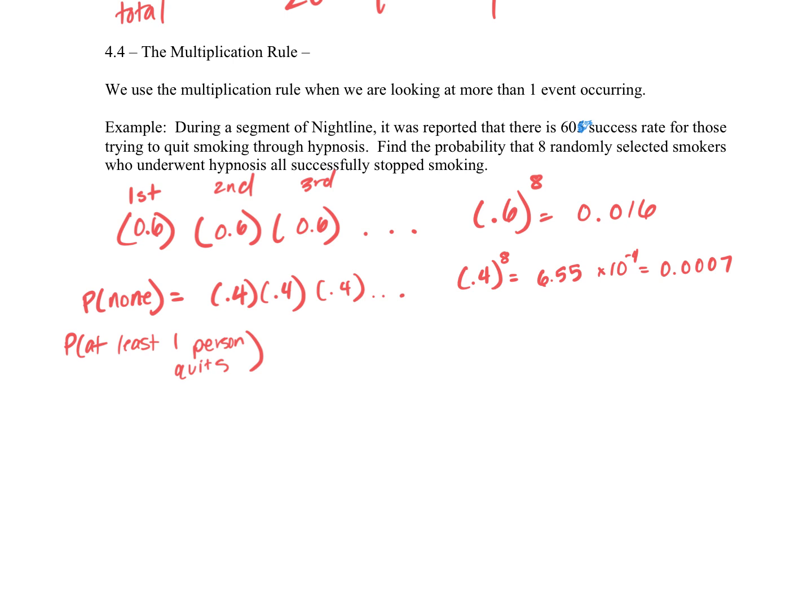Are you with me that at least one is everything but none, right? Like, of these people, you could have 0 quit, 1 quit, 2 quit, 3 quit, 4 quit, 5 quit, 6 quit, 7 quit, 8 quit. Those are all my possibilities of this happening. So at least one is everything but none. So I can just do 1 minus the probability of none, which we just found.